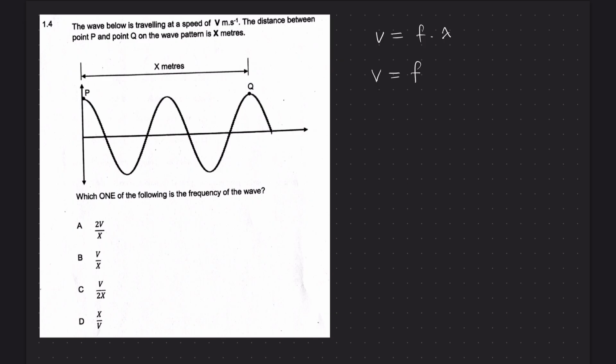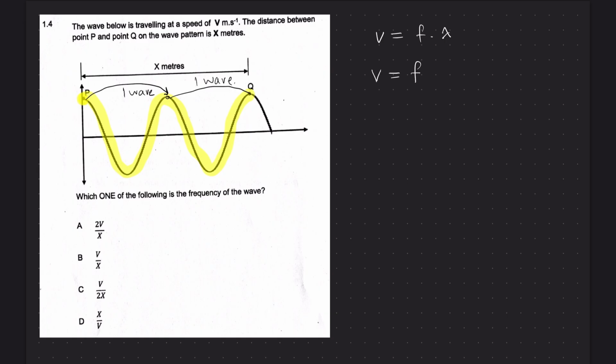P and Q is actually two waves, because from P to this point is one wave, and from this point to Q is another wave.